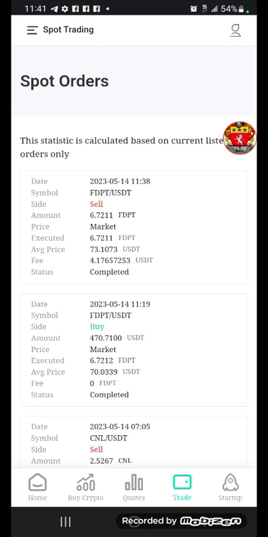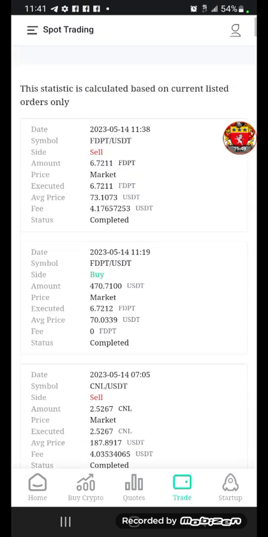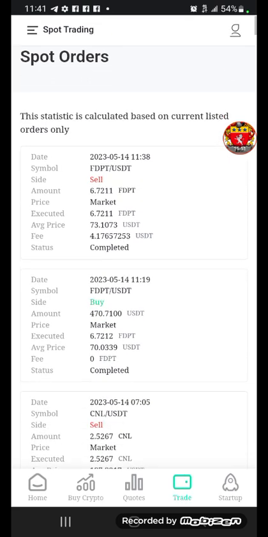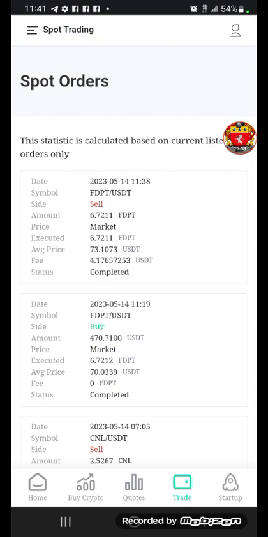So that's the disadvantage of using the market feature. I usually do limited, but I've been doing market recently just to do it, because sometimes it does go up a little.